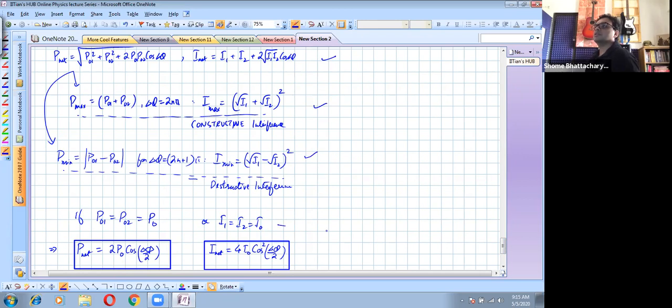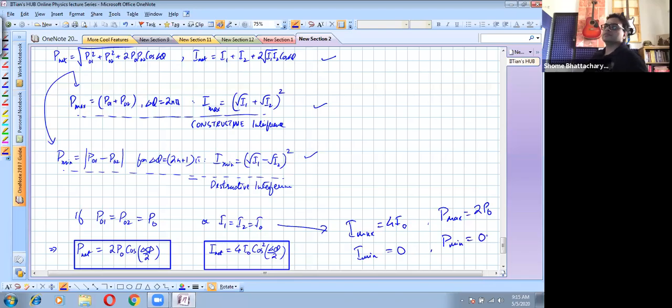Also in this specific case, I max becomes 4 I naught and I minimum is 0, or the maximum amplitude you can get is twice P naught, and the minimum amplitude by destructive interference is 0. So these are some additional points you can go by.